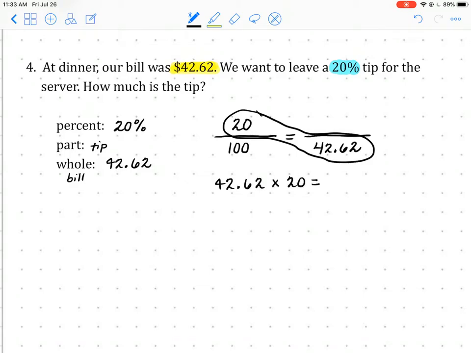Be careful on this one because it has a decimal. I don't try to do decimals in my head even if I think I can, because I usually can't and I make a mistake. So this is the answer I came up with. And then don't forget we have to immediately hit divide by 100.